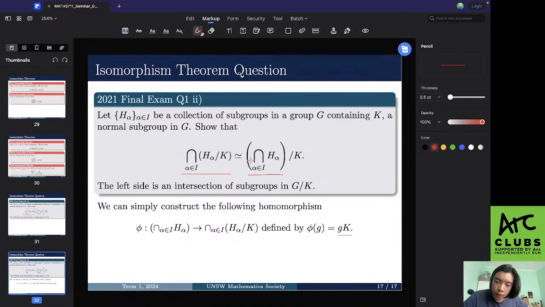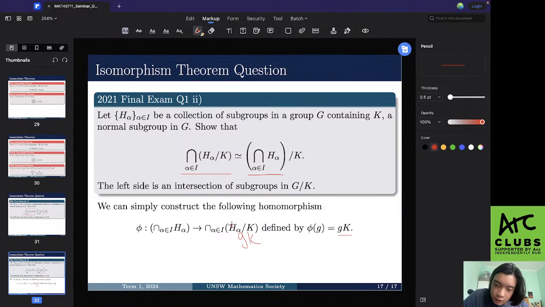So on our left-hand side, we have an intersection of a bunch of subgroups. So it's just going to be a bunch of elements in our overall group G. Then our output is going to be the intersection of a bunch of things in the form of gK, right?